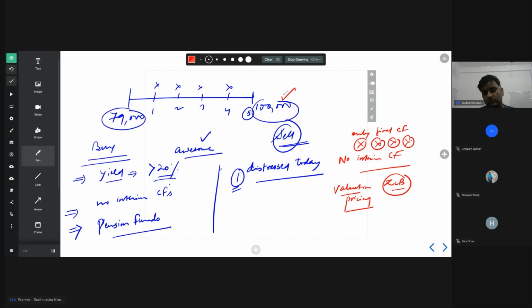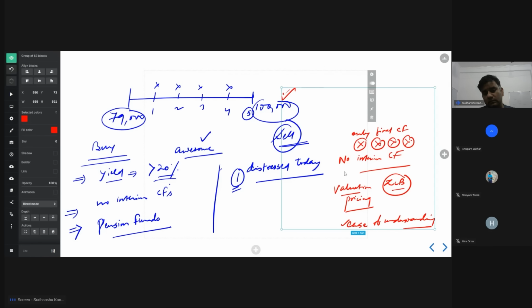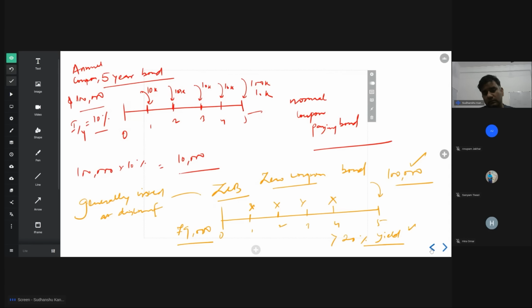There is an ease of understanding, and that helps us understand bond valuation in a much better way. That is why we start with zero coupon bond, because there are no cash flows in between, and that makes it super easy to understand.